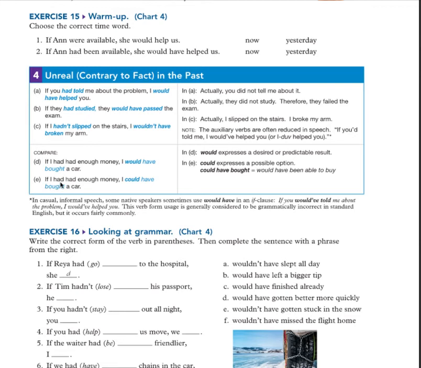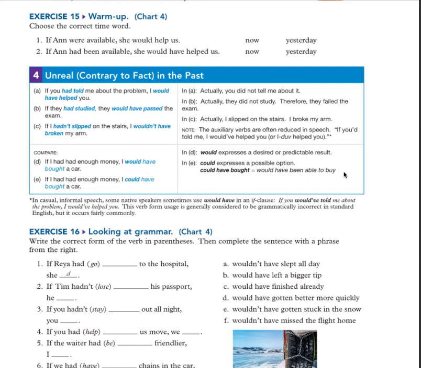E. If I had had enough money, I could have bought a car. Again, if clause, past perfect. Result clause, could have bought. That's a past participle. Could expresses a possible option. Could have bought means would have been able to buy. Okay?